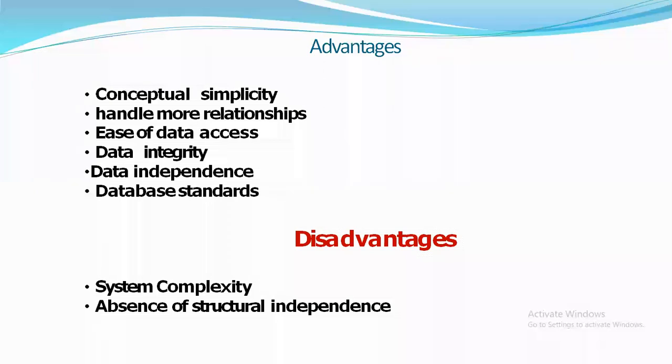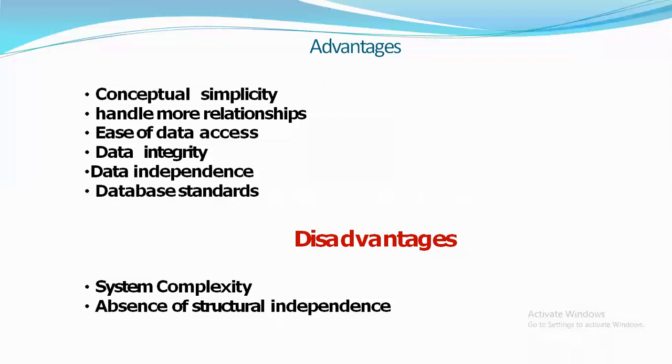That's why it handles more relationships. Ease of data access: accessing is very easy because there is a relationship. We also get data integrity, data independence, and database standards. These are the advantages. It is conceptually simple because a graph contains nodes and edges, and an edge is a line which connects two nodes.